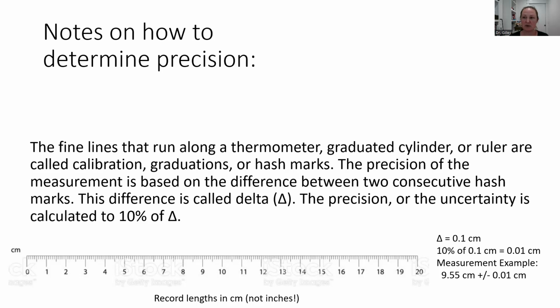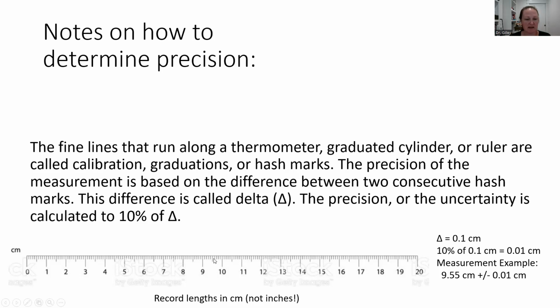So how then should I record a measurement? You would want to record in this case to the nearest hundredth. So let's say we had some item, and it was past the 9 centimeter mark. It looks like it's past the 0.5, but it's somewhere between 0.5 and 0.6. And obviously we have to estimate that last number.